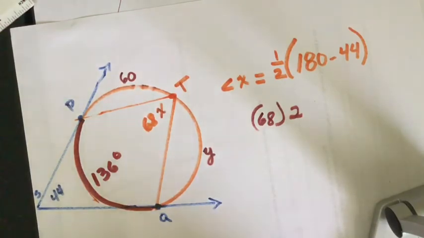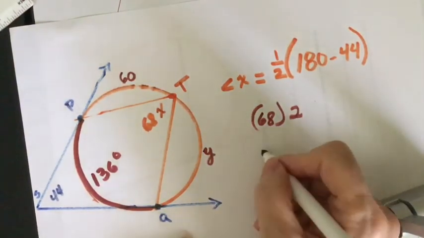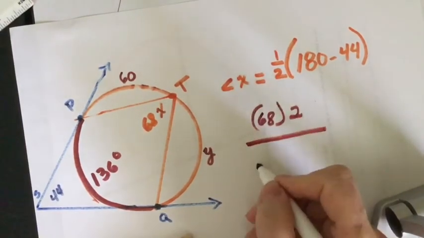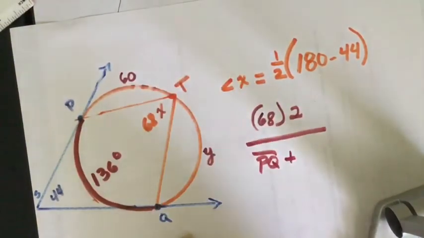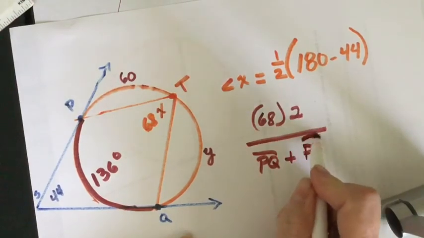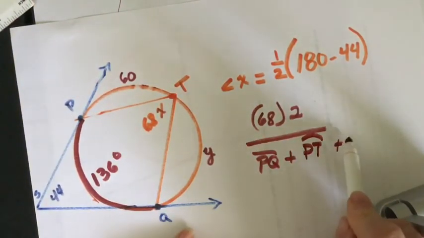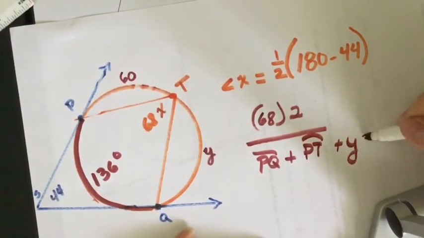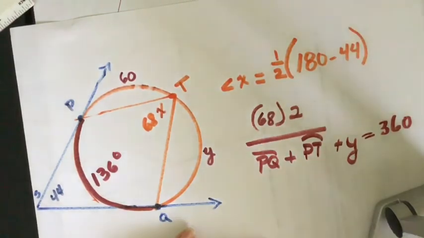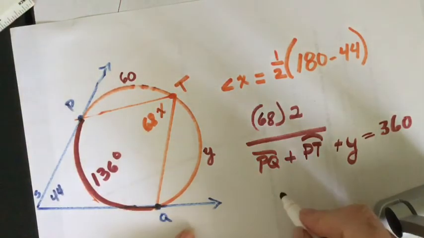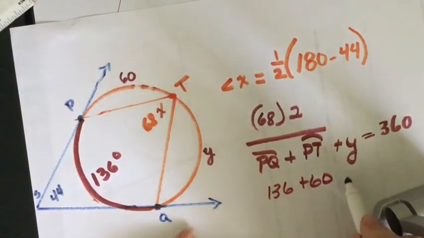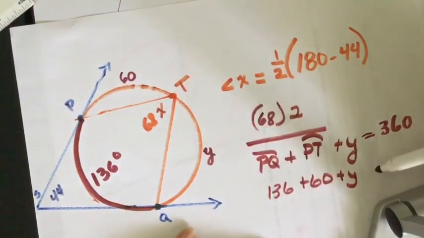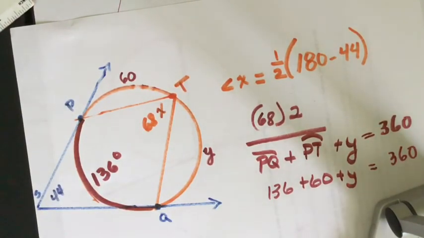So PQ, which is 136, plus PT, which is 60, plus y equals 360.